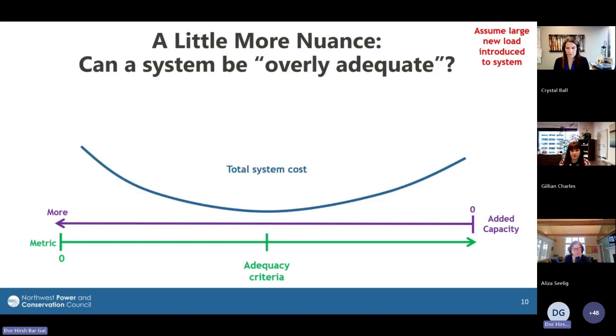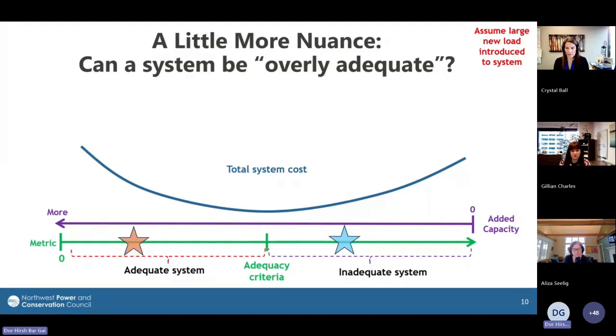Remember that you have some total system cost, again, a little opaque, but it is there. If you first decide to put resources that do not satisfy the metric, you will not only be inadequate, but you will likely also be more expensive. You could decide to invest in a lot of resources and see that you're actually past your criteria, meaning you're over and above satisfying your metric. Let's say our criteria in the middle is 0.1, we're at 0.03, right? It's great, we're adequate, but notice that your system cost might likewise be higher than it needed.